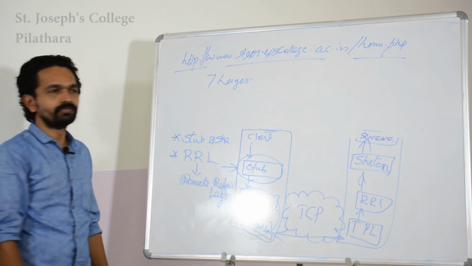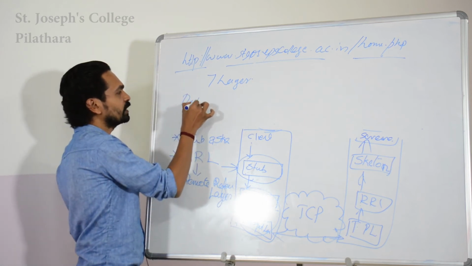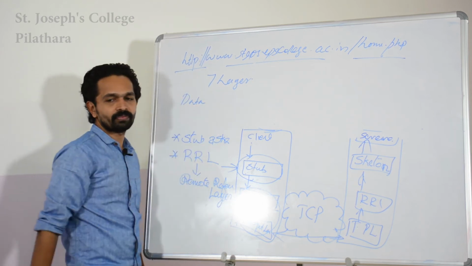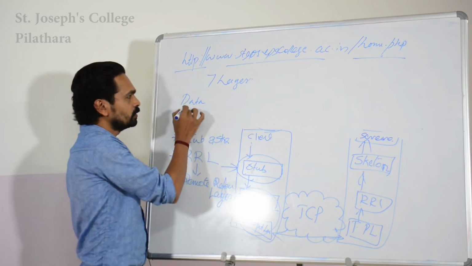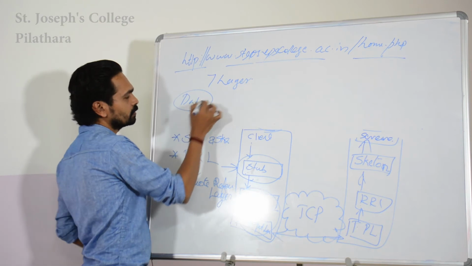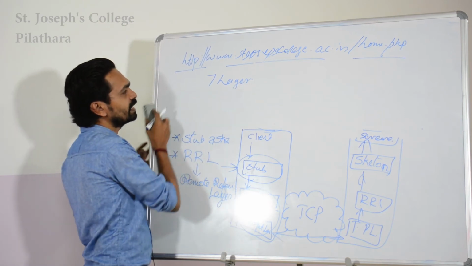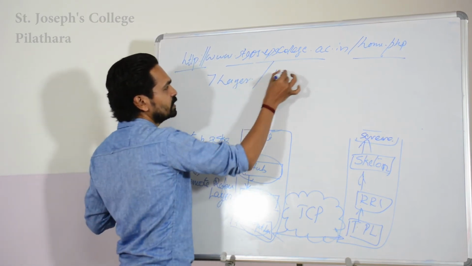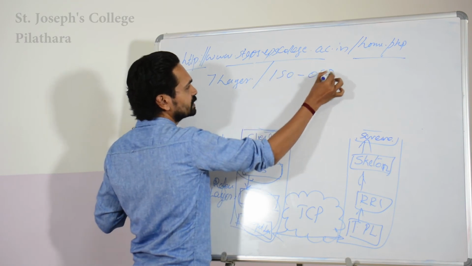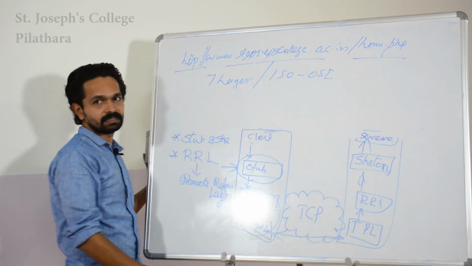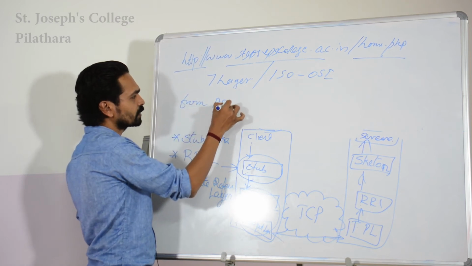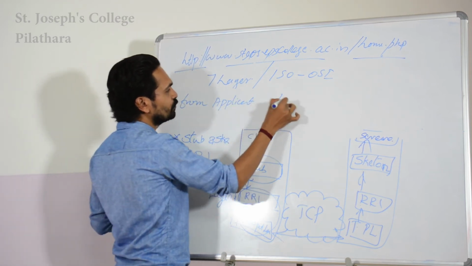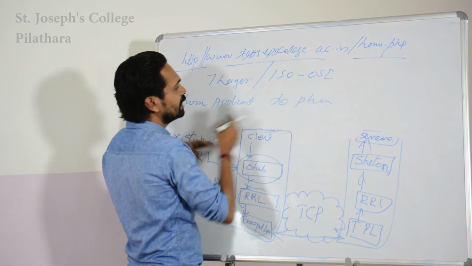We already learned from, I think, the data communication or computer network paper, the fifth semester paper. You already learned about the 7 layers, another word, ISO OSI layers, from the application layer to the physical layer.